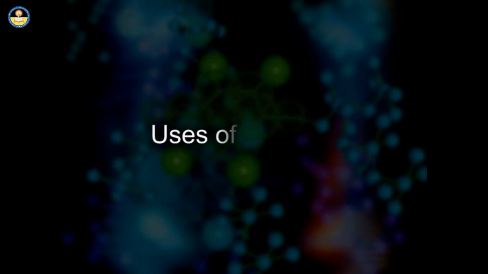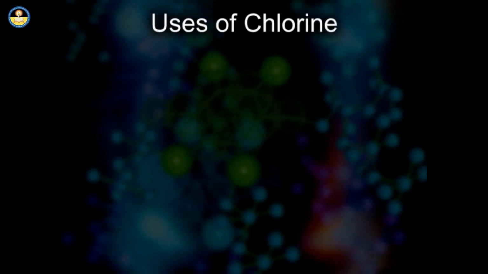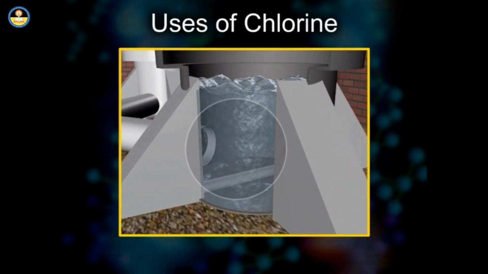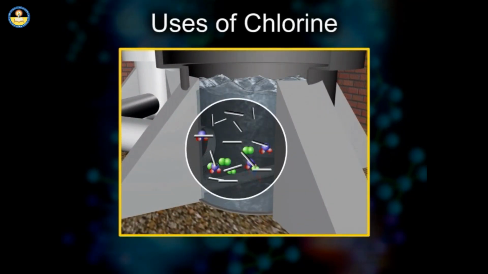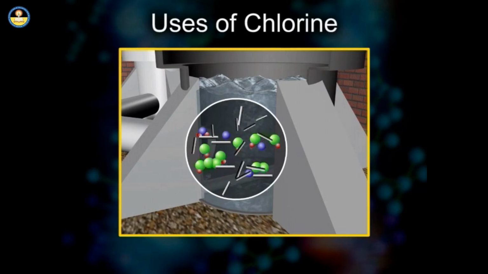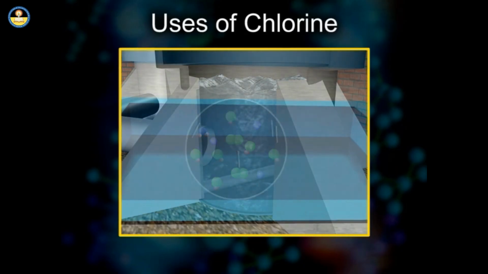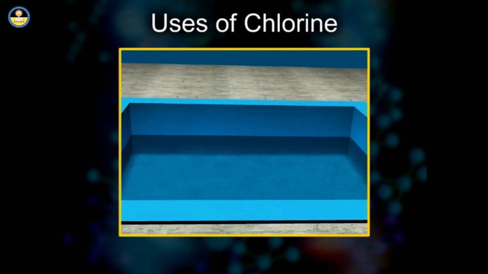Let us now learn about uses of chlorine. Chlorine is used in sterilizing drinking water and also as cleansing agent in swimming pools. This is because of the germicidal nature of chlorine, which kills harmful bacteria present in water.